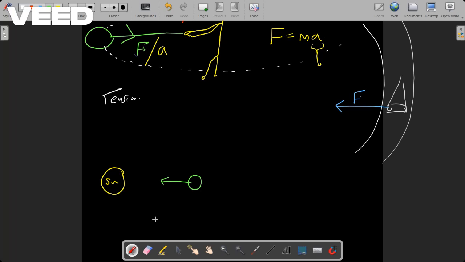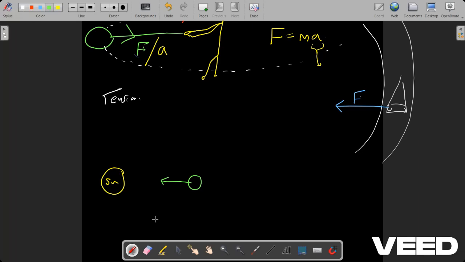Which force is acting as the centripetal force on Earth? What is that force? What is the centripetal force acting on Earth to orbit around the Sun?